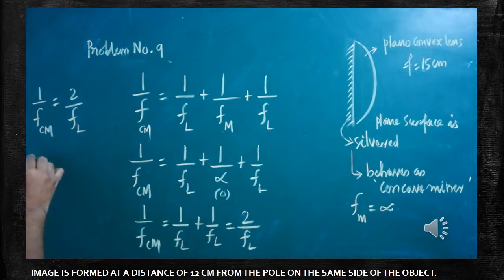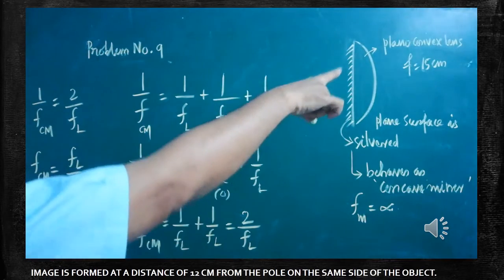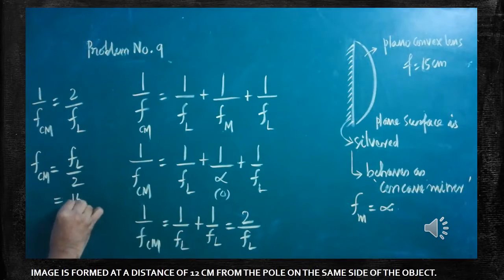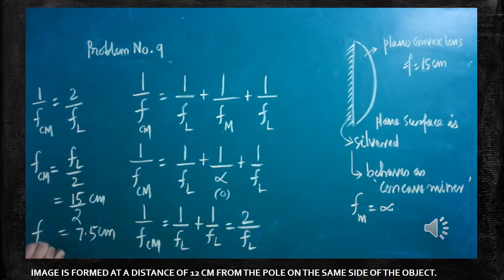We need fcm, the focal length of the concave mirror system, to be found out. fcm is equal to fl divided by 2. The focal length of the plano convex lens is given as 15 centimeter. Substitute there. 15 centimeter divided by 2 is equal to 7.5 centimeter. That is the focal length of the concave mirror system.